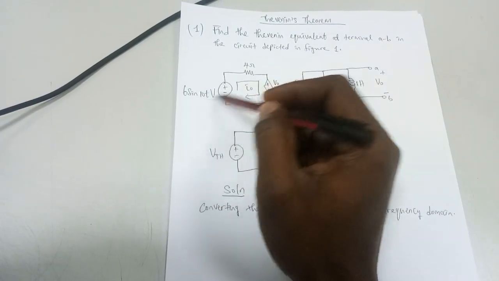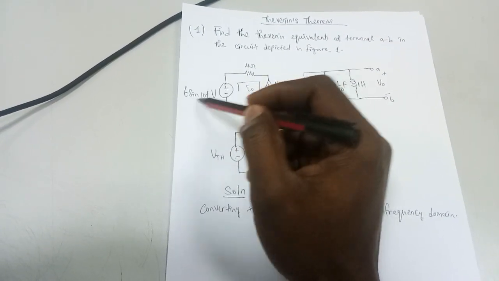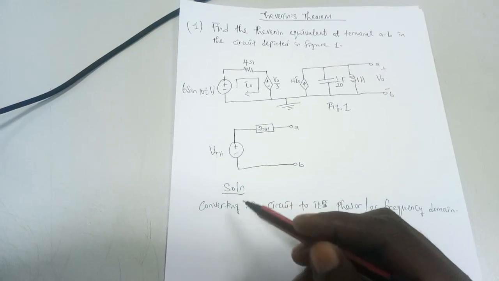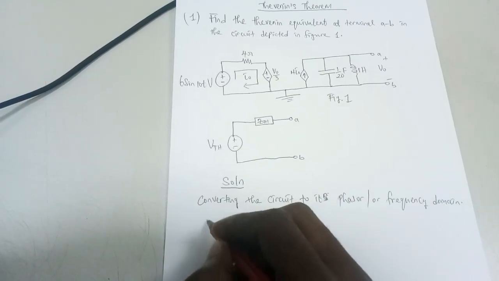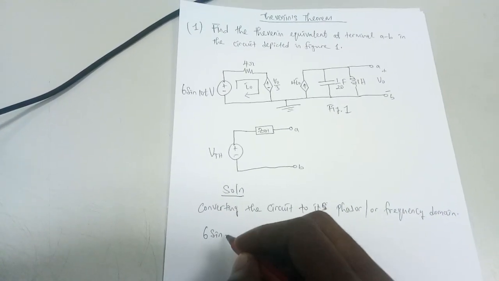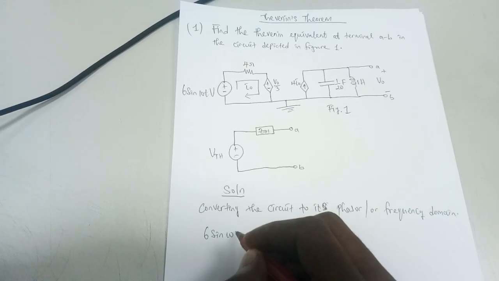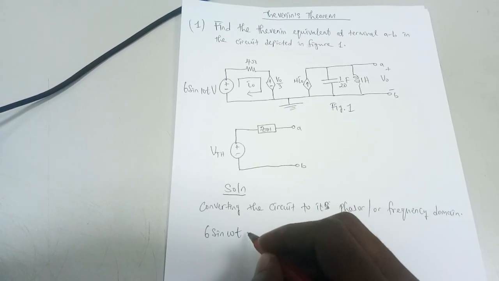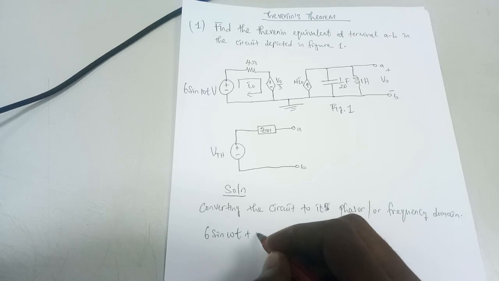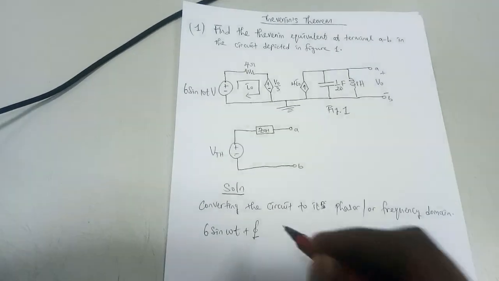Now, looking at this input voltage, it is of the form 6 sine omega t plus some phase difference, say phi.